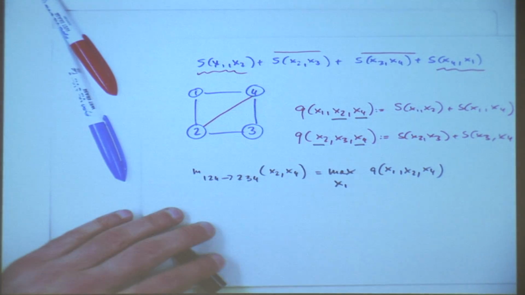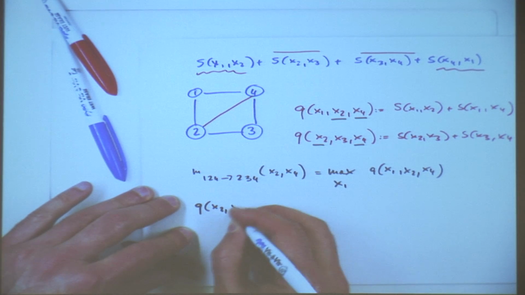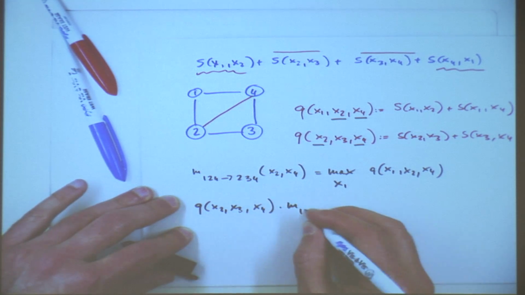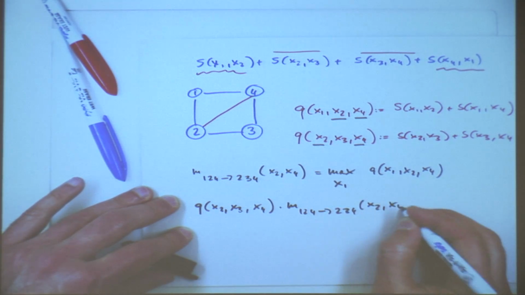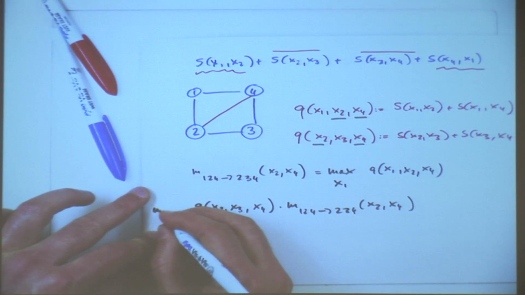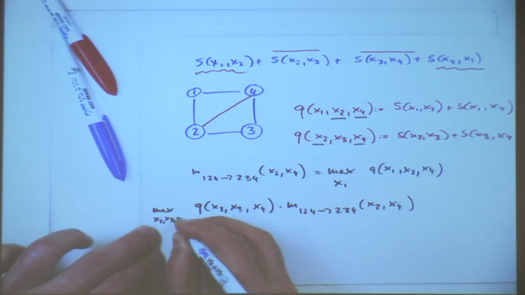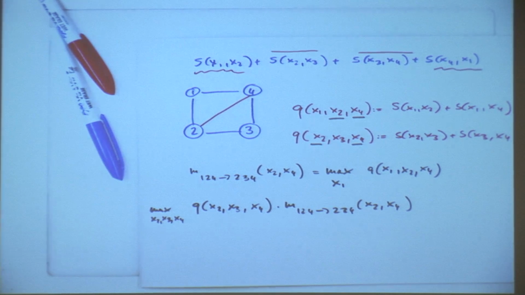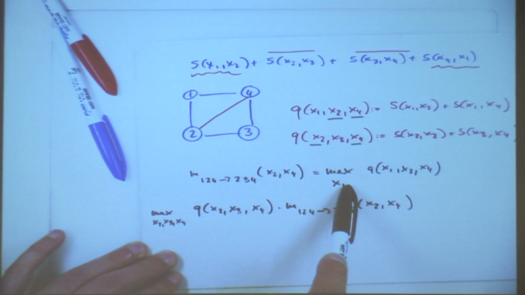Then in the next step, I get q(x2, x3, x4), and I multiply that with my message from 1, 2, 4 to 2, 3, 4 of x2 and x4. Now I need to do the max over x2, x3, and x4, and then I'm done. And if I know the argmax of that, I can plug the corresponding values in here, and I get the argmax for x1.